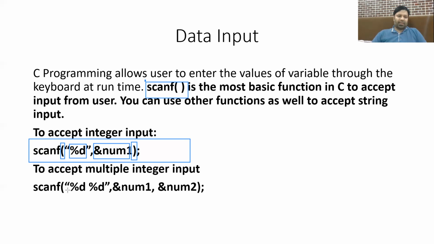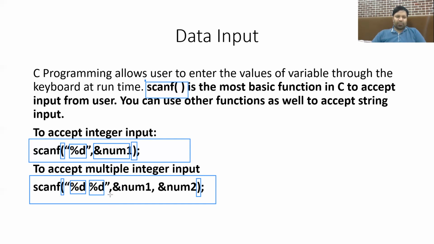How can we use a scanf statement to accept the input of multiple variables in a single statement? As you can see here, scanf is followed by round brackets. Within the double quotes, we specify %d and %d. That means we are going to accept the values of two variables, and both will be of integer data type.